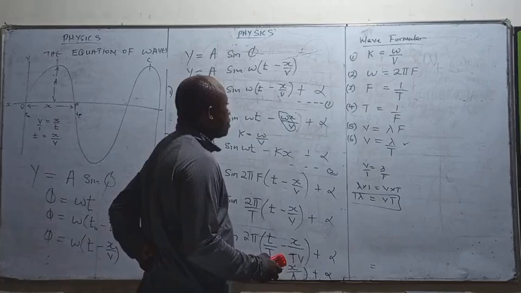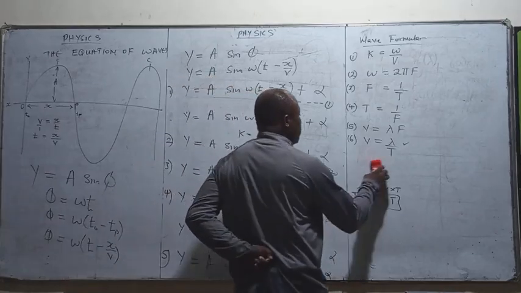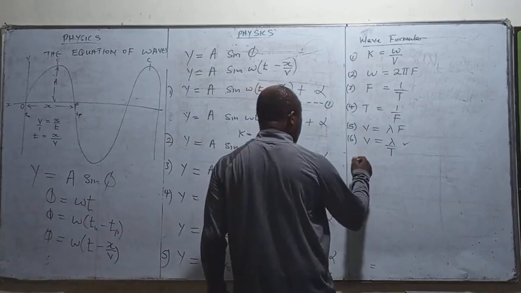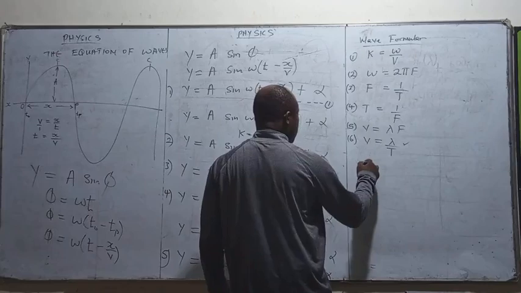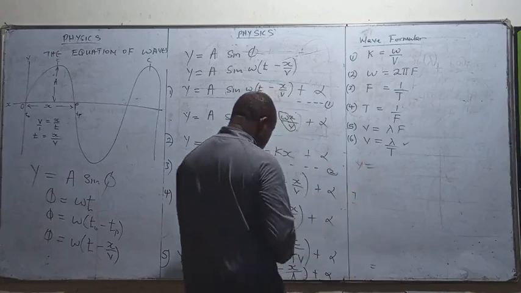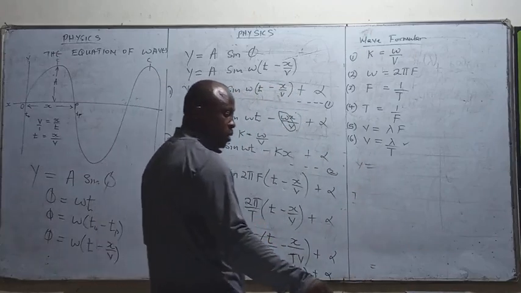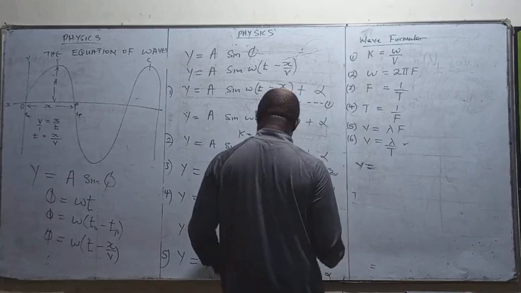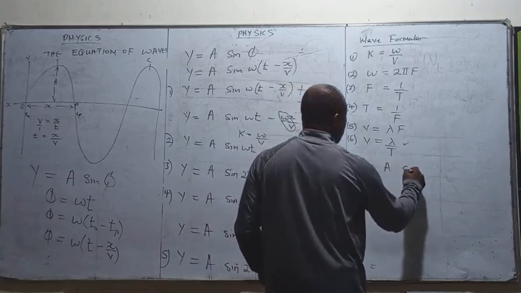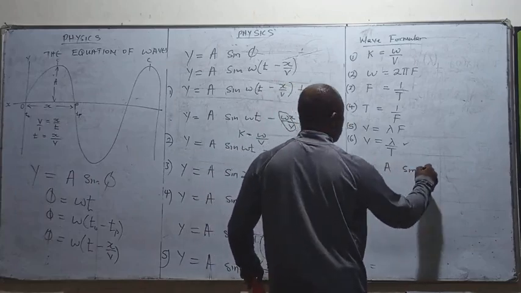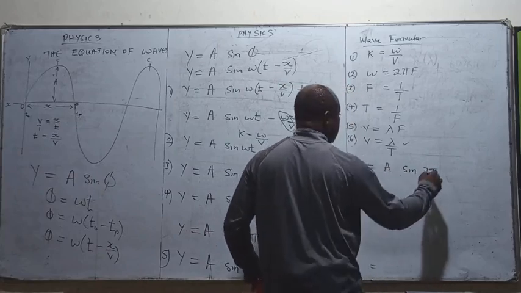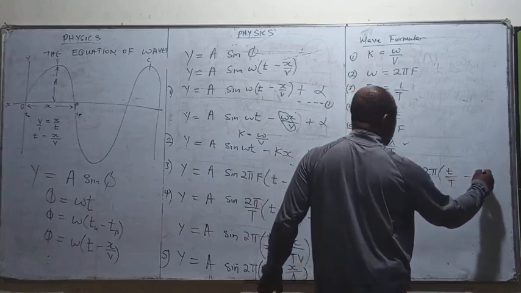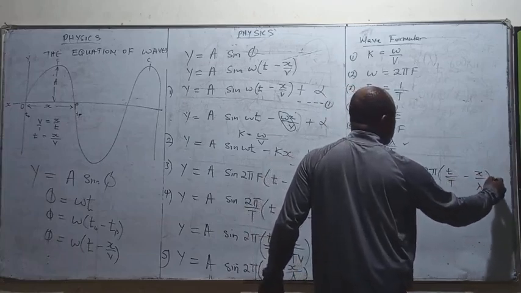What do we do now? We have to create space. Let's create space for that. So we write the equation from equation 5. Again, we write y equal to A sine 2 pi bracket t over T minus x over lambda plus alpha.